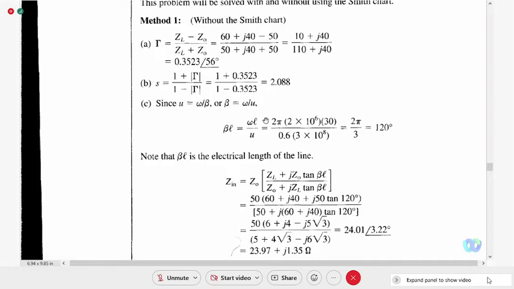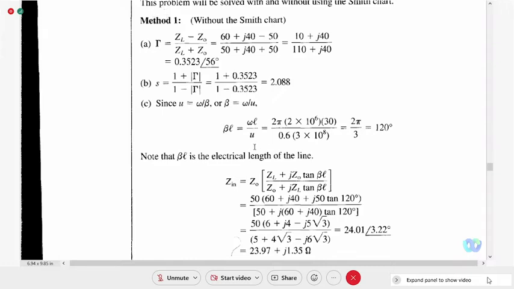Okay, and what is beta L? Because for input impedance you have to calculate beta into L. So beta is equal to... okay.